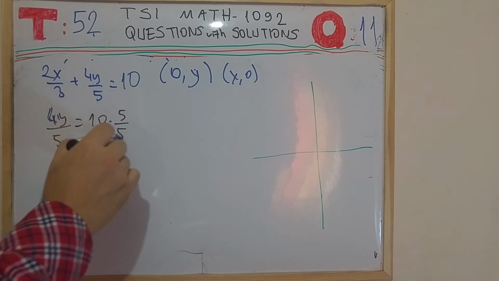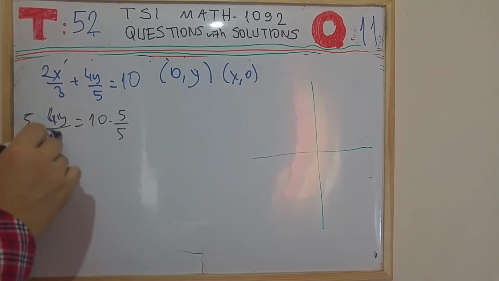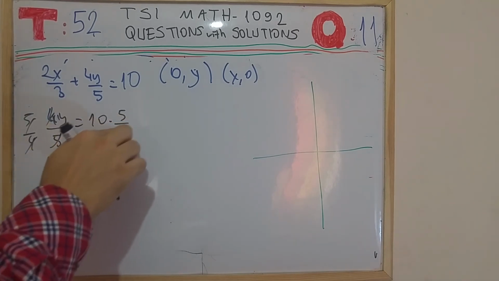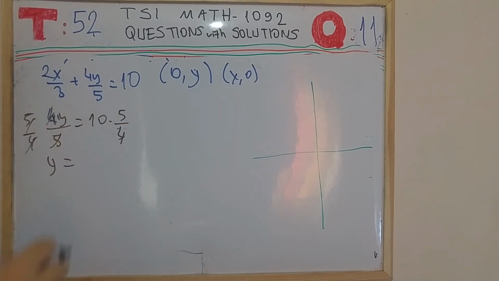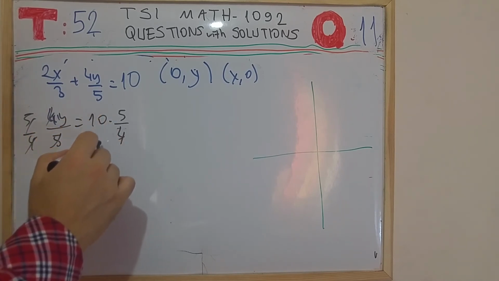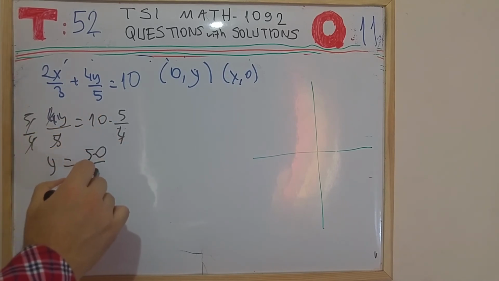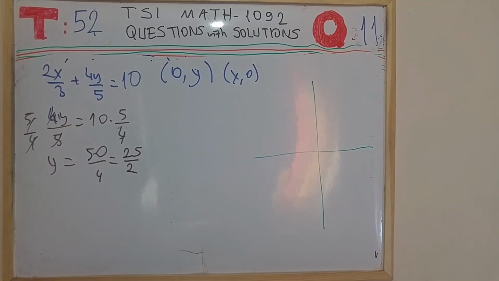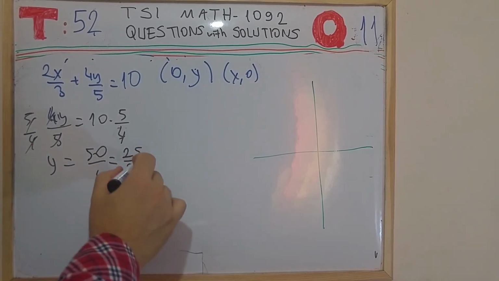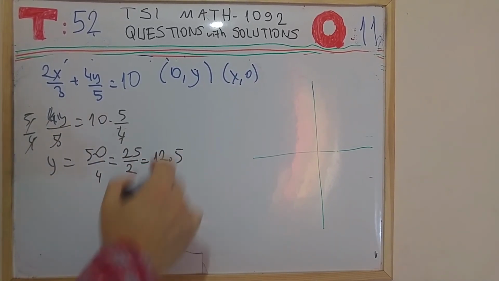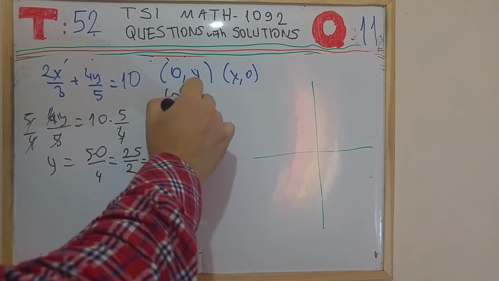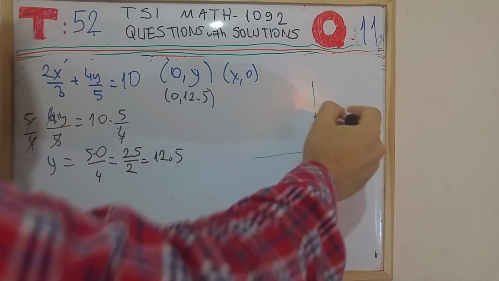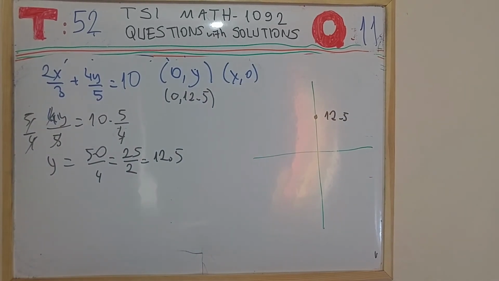When I multiply each side by 5 over 4, y is equal to 50 over 4, which is equal to 25 over 2, or you could say 12.5. So this is 0, 12.5, somewhere here. Let's find the second point.